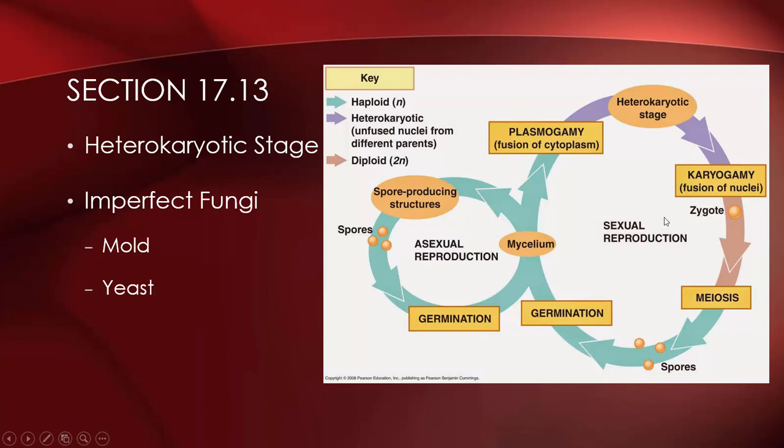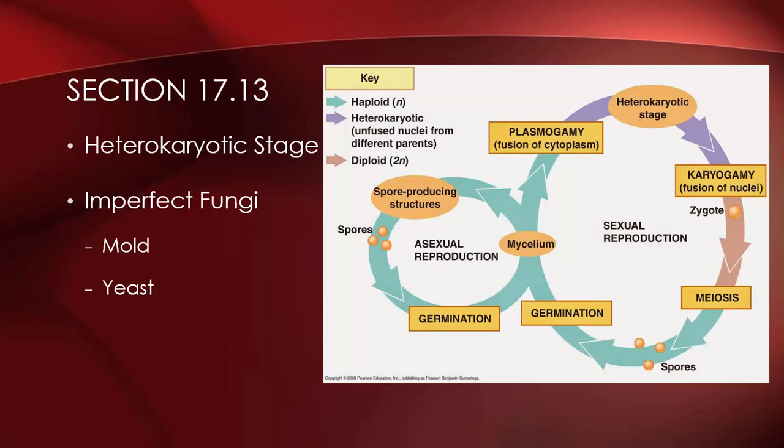The heterokaryotic stage is on the way from the haploid stage, producing spores, germinating those spores, either splitting off and just doing asexual reproduction, where they're basically cloning themselves, or going through fertilization, where the fertilization is sort of put on hold.